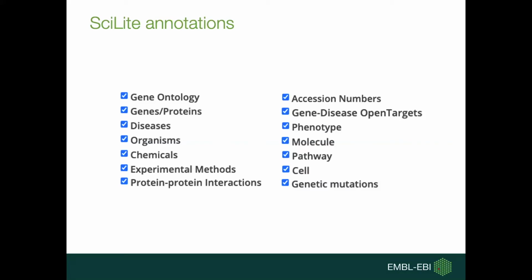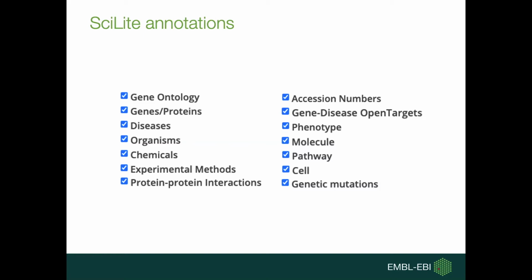You can also find annotations for protein phosphorylation, gene function, phenotype, as well as relationship information such as gene disease associations and protein-protein interactions. As I have already mentioned, the annotated concepts are identified by text mining algorithms.